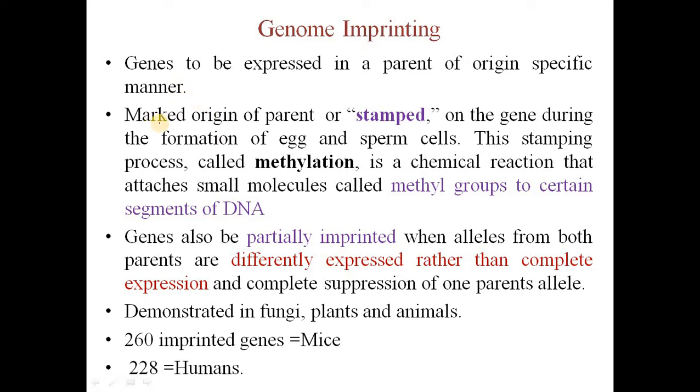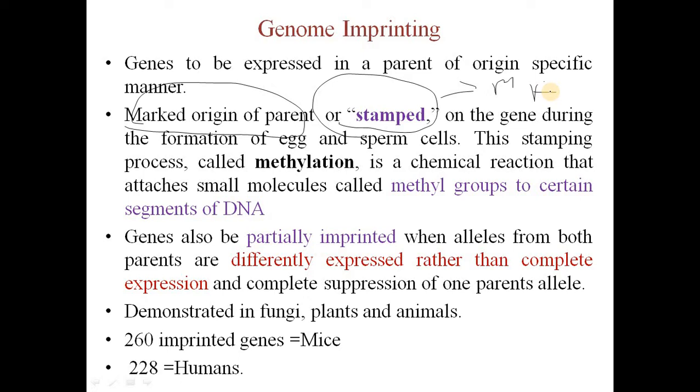And obviously there is a marked origin of a parent, as I told you, or they are stamped, either from the mother or from the father, during the formation of egg and sperm cells.